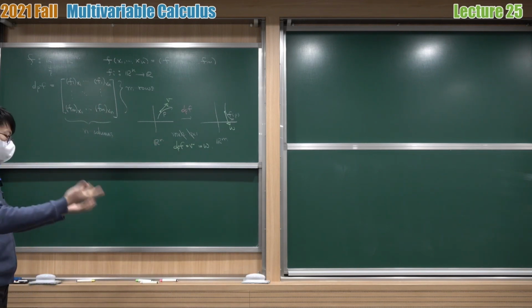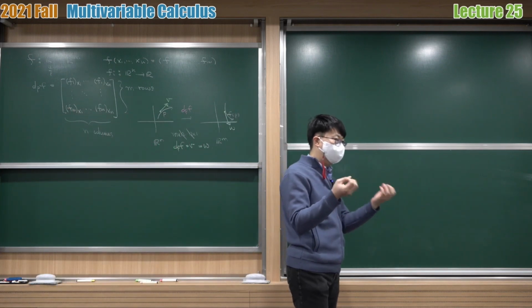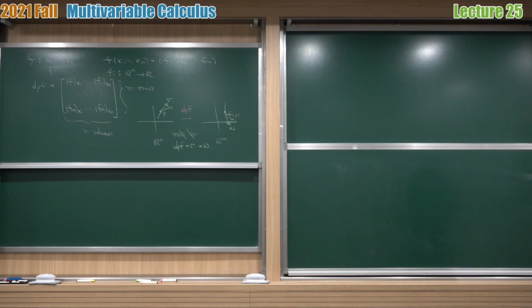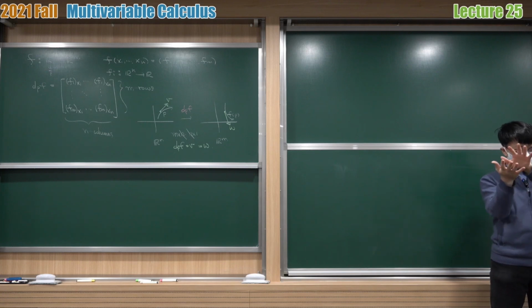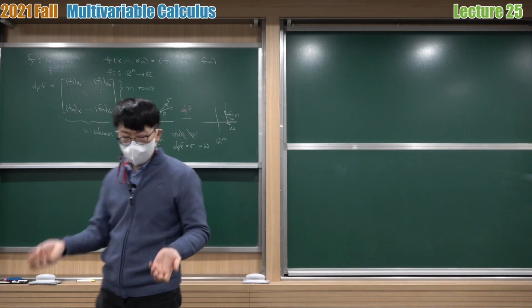We said that the derivative of a single variable function is a slope, or instant rate of change. The slope says how much you change in the x variable determines how much you get in the y variable. You relate delta x and delta y by multiplying by the derivative of the single variable function.